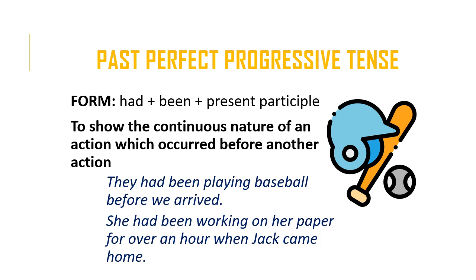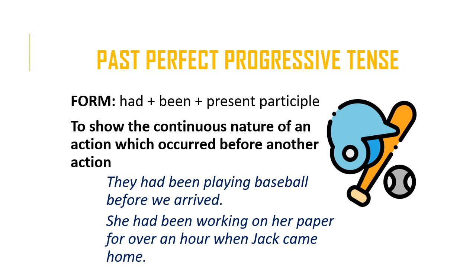So just like the present perfect simple and present perfect progressive, often we can use the two interchangeably. So rather than using the past perfect progressive, we could also use the simple form. And we could say, they had played baseball before we arrived, or she had worked on her paper for over an hour when Jack came home.